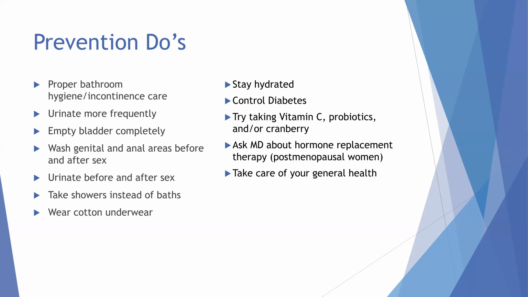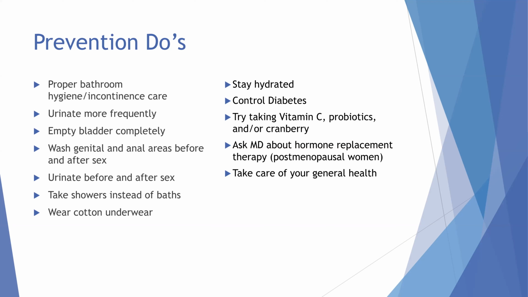Urinating before and after sex is also helpful. That way, if any bacteria got into the urethra during the intimate moments of the day, urinating can hopefully wash it out and prevent a UTI from occurring.